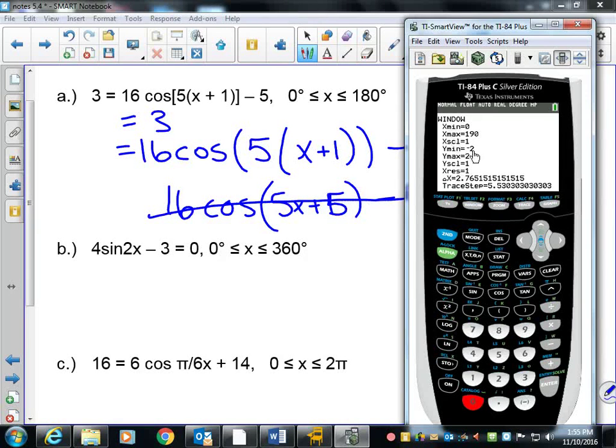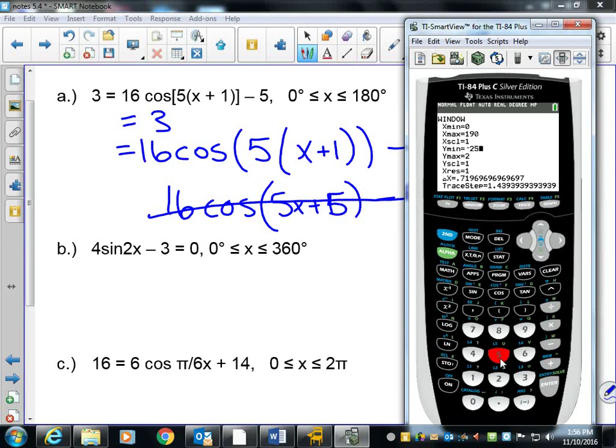Okay? And my y min and max needs to be something else. I have an amplitude of 16, do I not? So probably negative 20 and 20. Oh, but I have a shift. I have a vertical shift of negative 5. So negative 5 minus 16, I have to be like negative 25 if I really want.